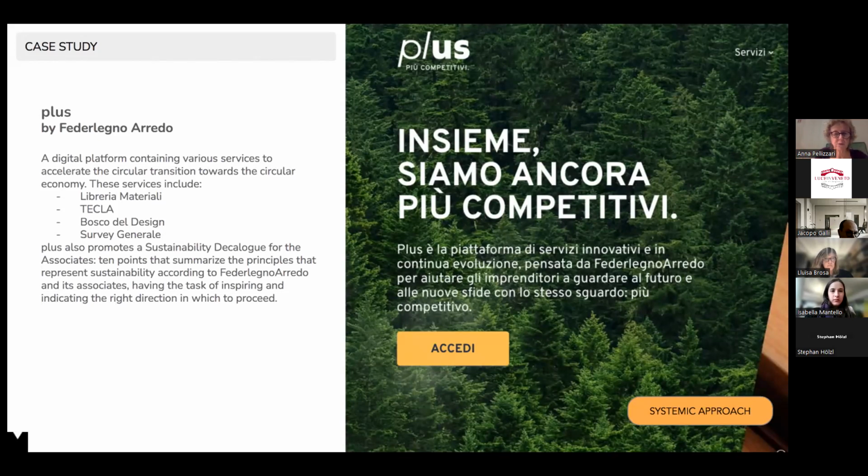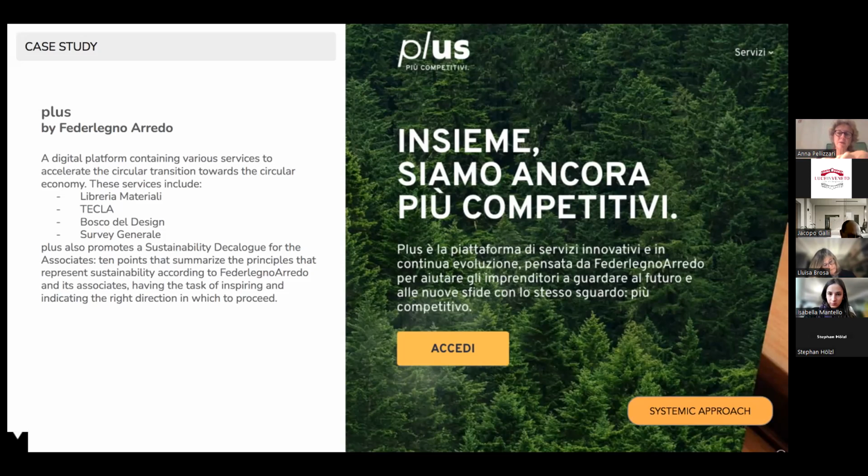We are involved in that, which is why I know this project well. There are also other services provided to the associates to help them in the transition towards the circular economy.